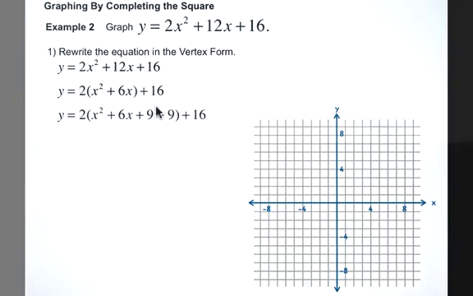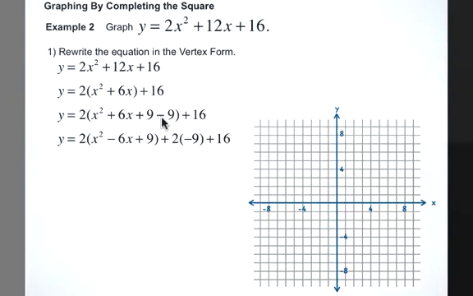Now we'll complete the square. We need to add 9 to complete the square, but we also need to remove the 9 to make sure we're not changing the value of the expression. So we regroup things.